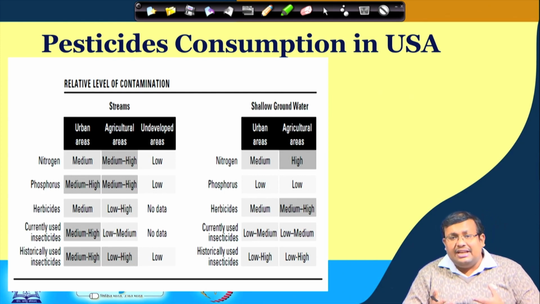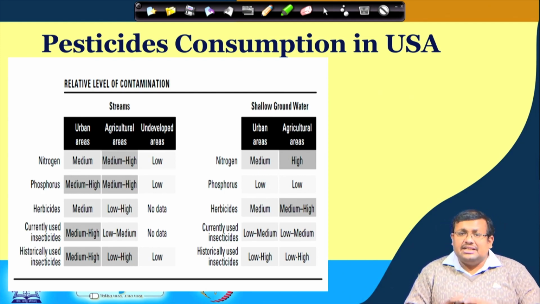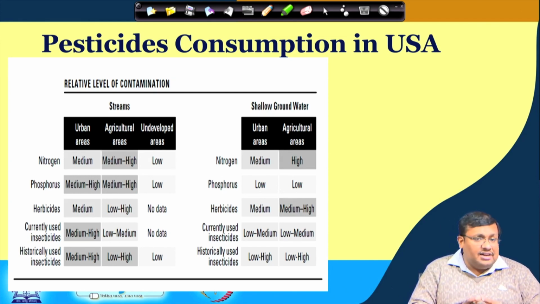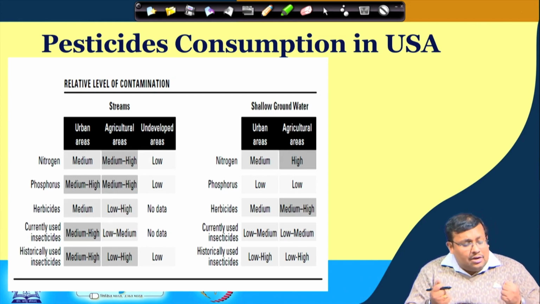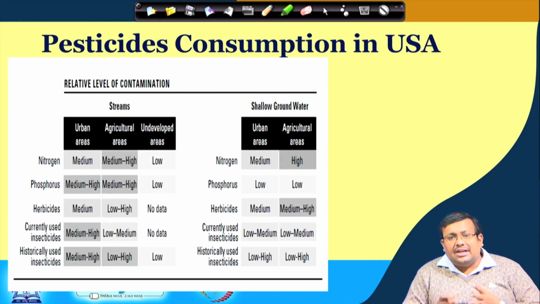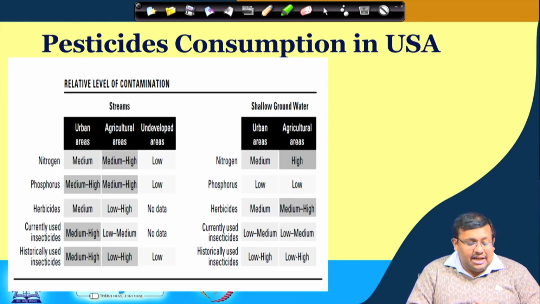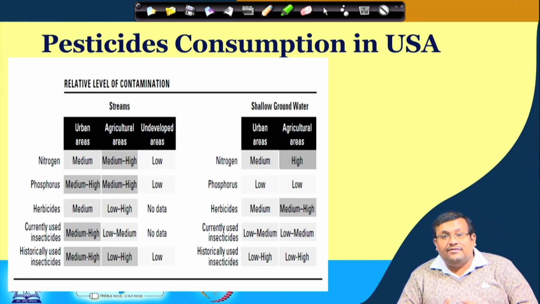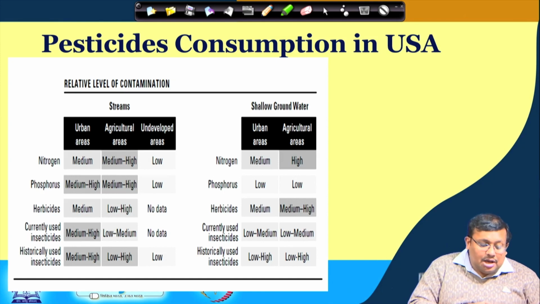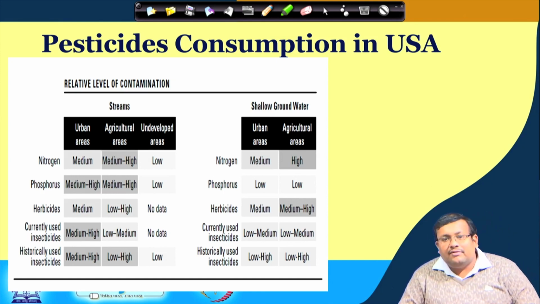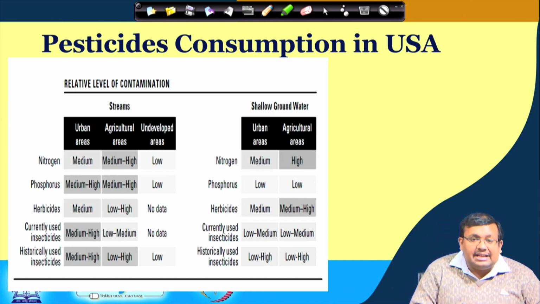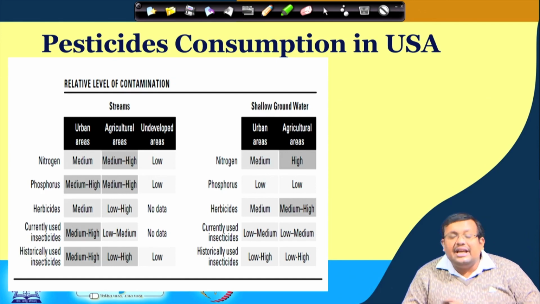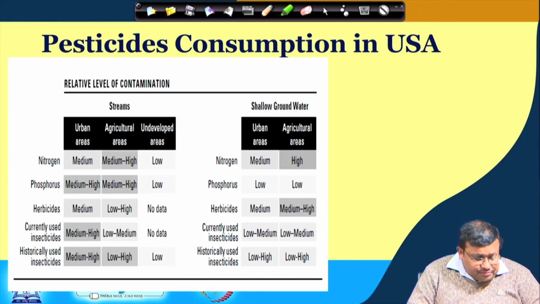However, we did not have any data for its application and hazards in undeveloped areas. Currently used insecticides produce medium to high level of contamination in urban areas, whereas they produce low to medium level of contamination in agricultural areas, and there is no data available for undeveloped areas.